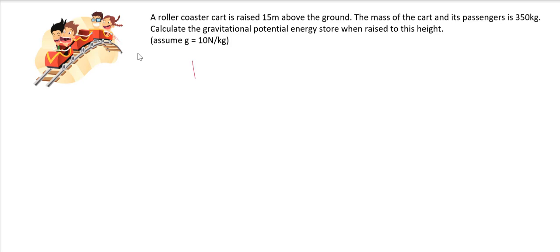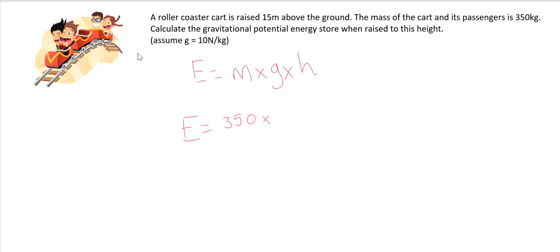Well, what we'll do first is write out our equation, and then we can start to substitute the numbers into our equation. So remember, we're calculating the energy, the gravitational potential energy. The mass of the cart is 350.